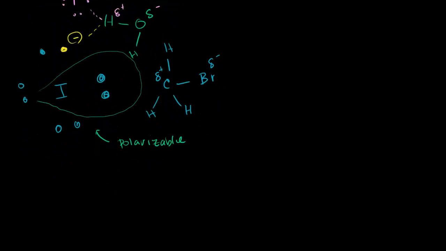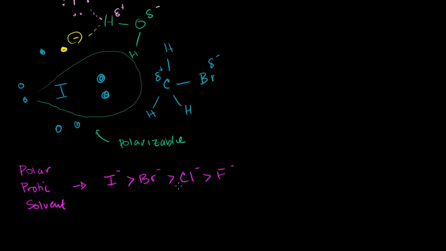In a polar protic solvent, we have a situation where iodide is the best nucleophile, followed by bromide, followed by chloride, and then last of all is the fluoride.